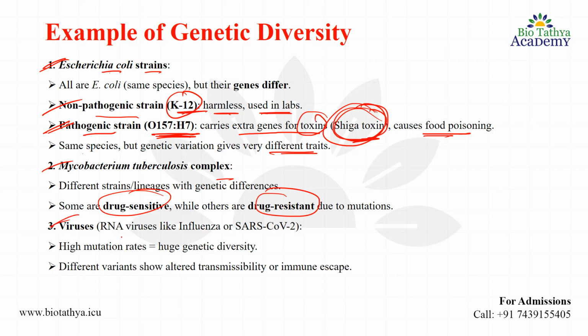And RNA viruses like influenza or SARS-CoV have very high mutation rates, and for this reason their genetic diversity is also very high, because viruses can mutate themselves. For that reason, making vaccines or producing medicines is very difficult for viruses, because they show variants and can alter their transmissibility or escape the immune system of our human body.